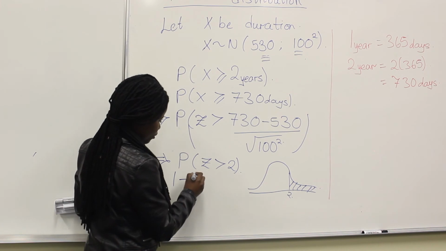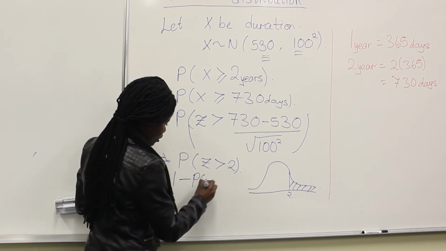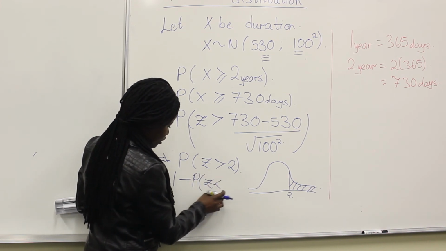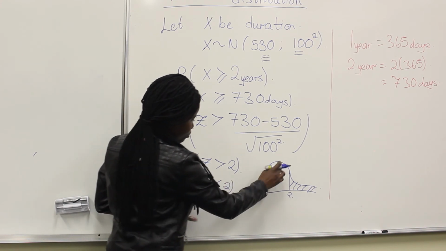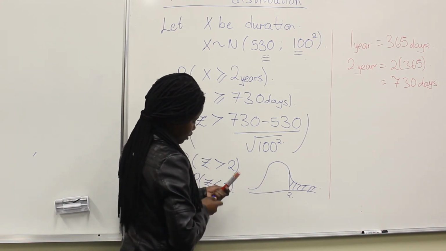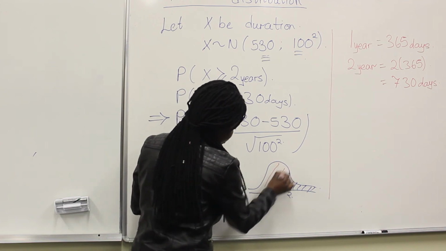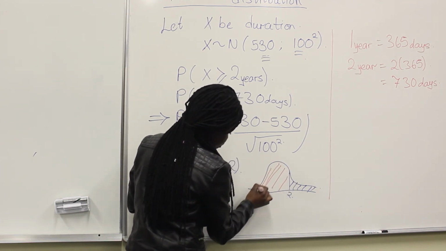So we have to get the probability of z being less than 2, which means we have to deduct this red section of the graph.